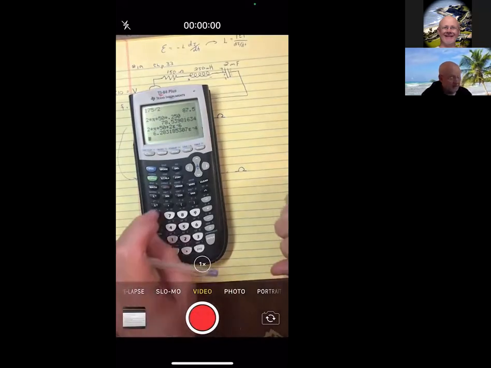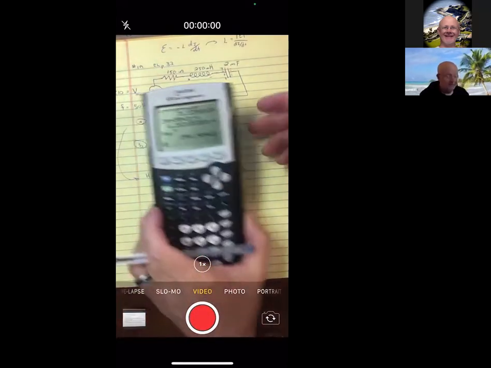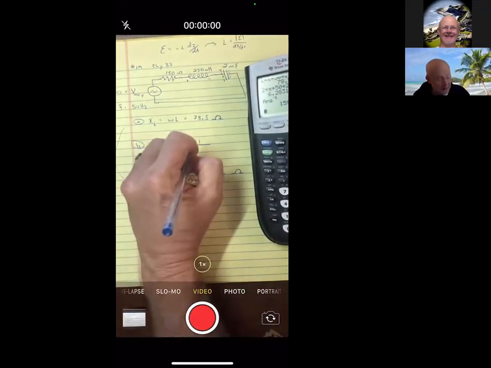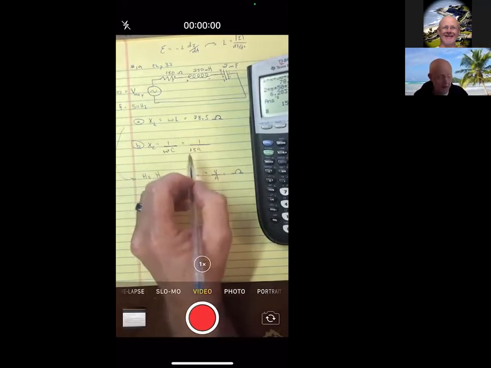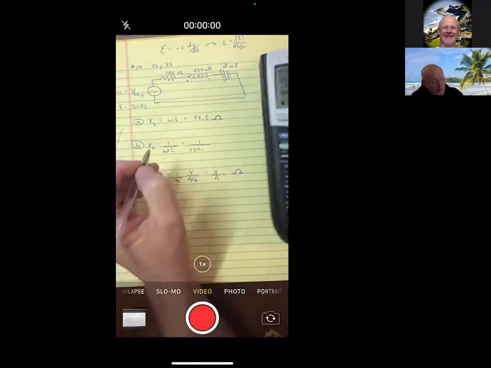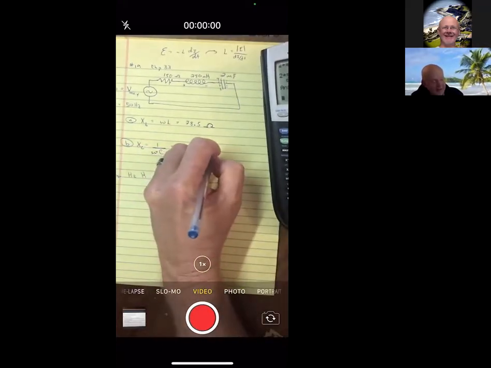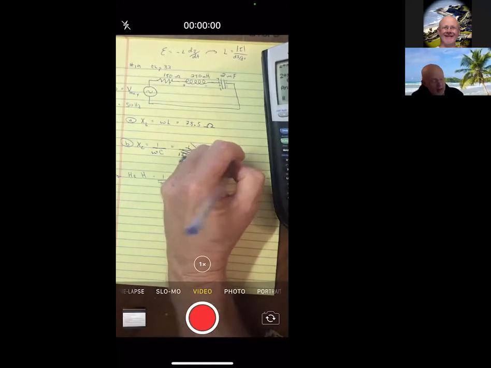And so that's the denominator. Take the reciprocal of that, and I get 1,591 ohms.